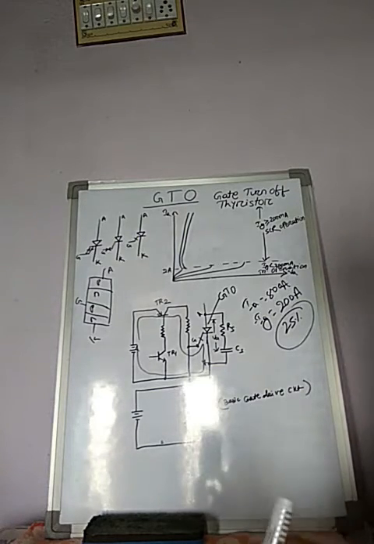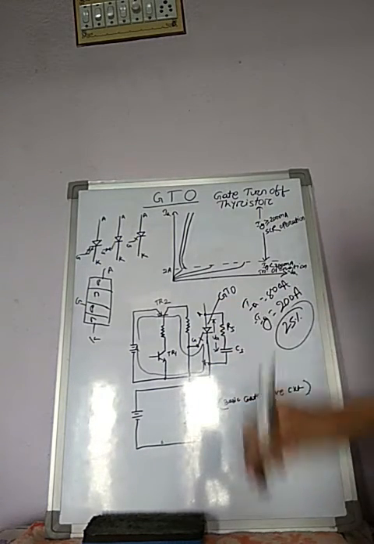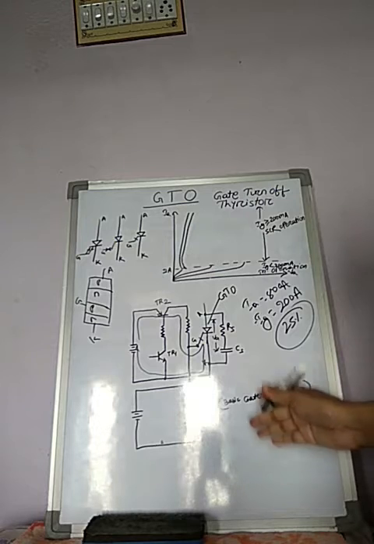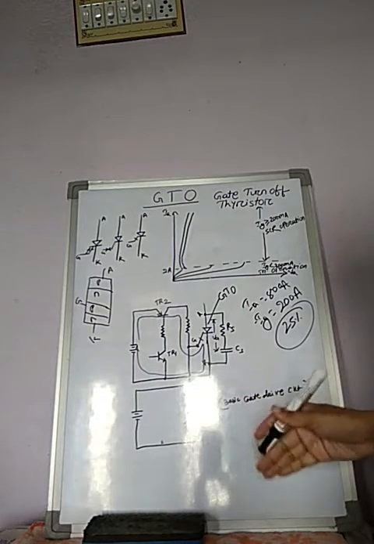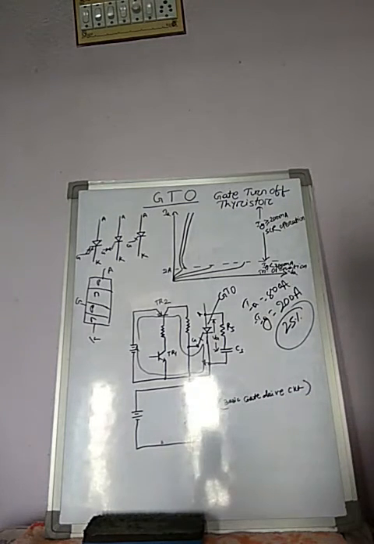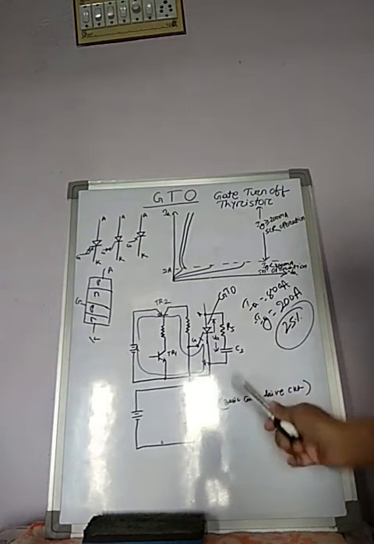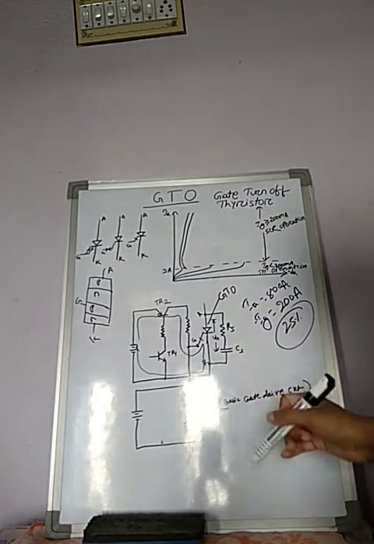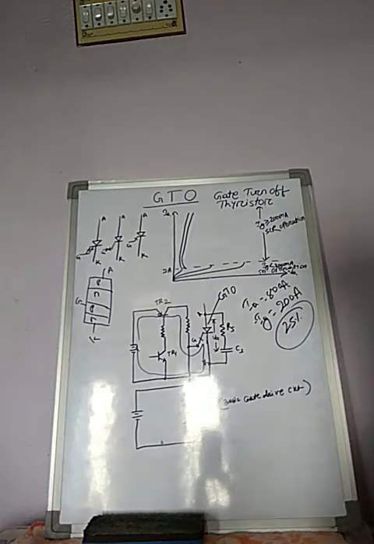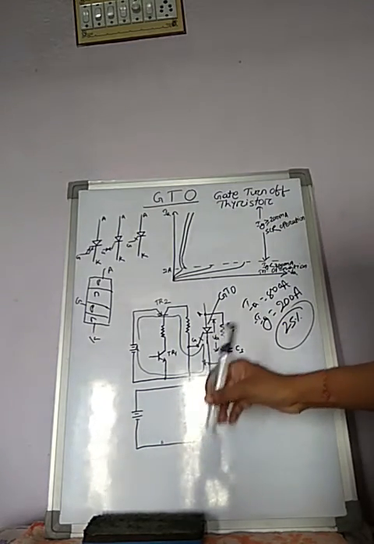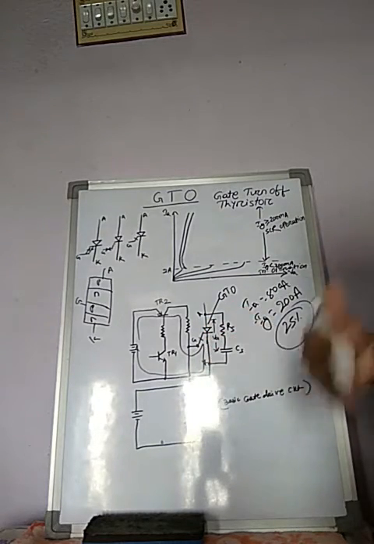Okay, so for turning off the GTO, what do we need to do? For turning off the GTO, the turn off circuit should be capable of outputting a high peak current. So this is the turn off circuit. How does this circuit give an output of high peak current?